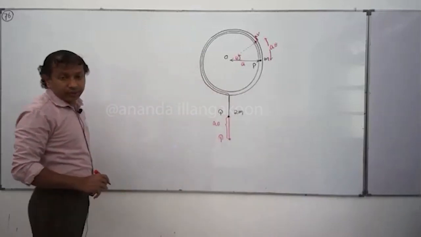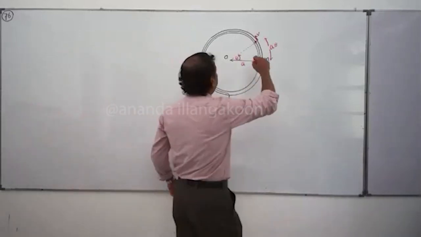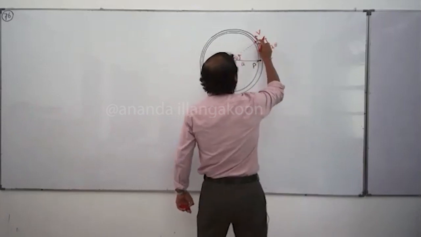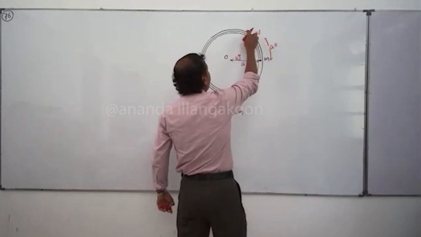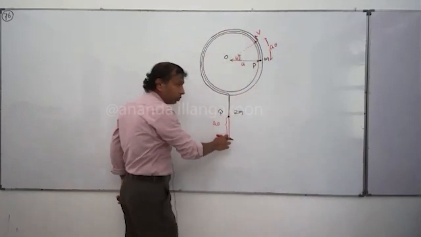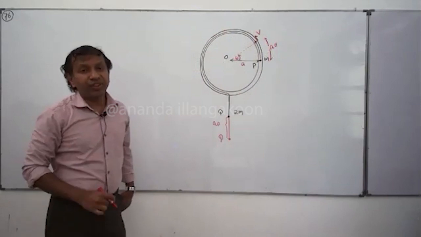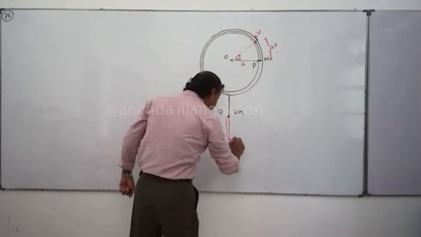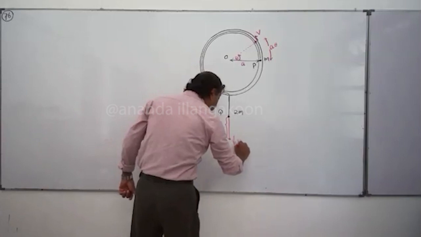The other thing is, if the velocity of P is v, this end of the string has velocity v, then the other end of the same string should have the same velocity v. Understand? Q also at that moment should move with velocity v.